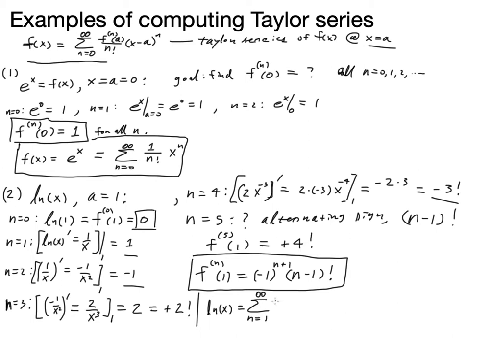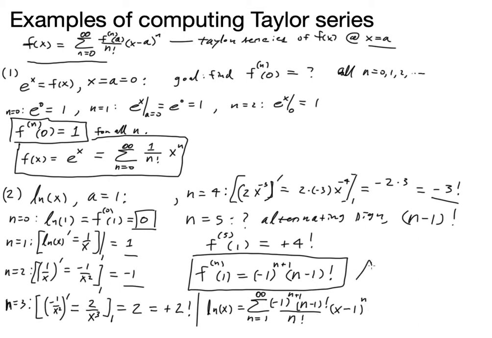Okay, what I have here then is that alternating sign. Then I have n minus 1 factorial. And of course, we're going to divide the whole thing, based on the formula for Taylor series, by n factorial. And then I'm going to take x minus 1, because that's where we're expanding about, to the n power.